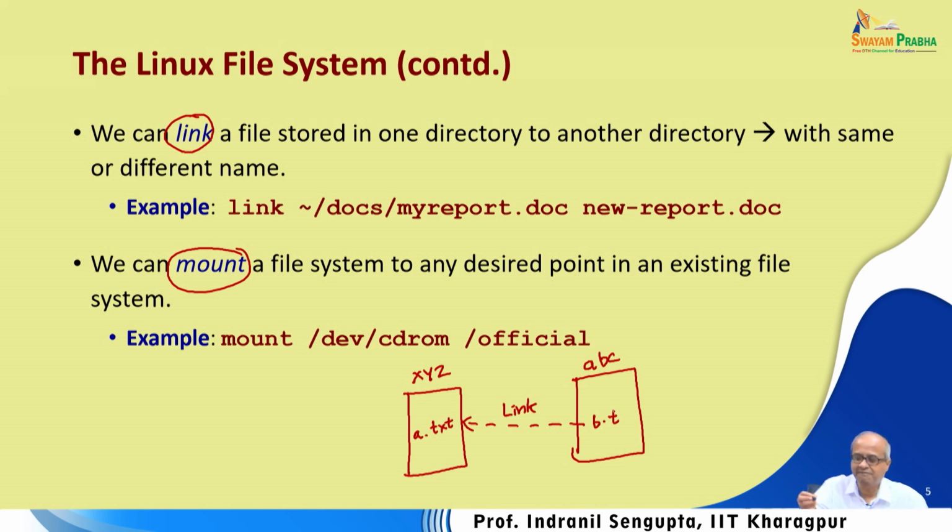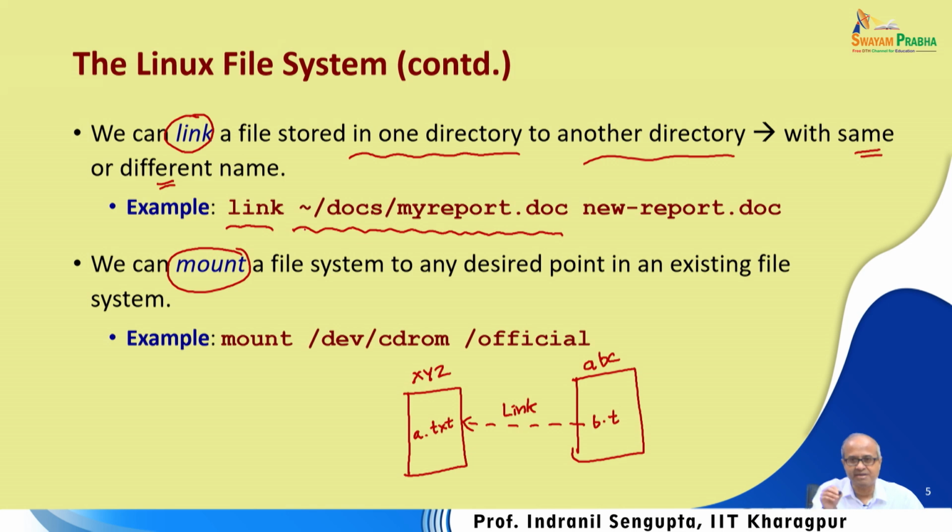So, we can link a file which is stored in one directory to another file in some other directory. You can use the same name, or as this example shows, we can use a different name, and the command to do it is called link. You give the original file name which is already present.